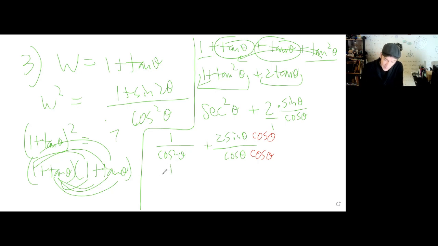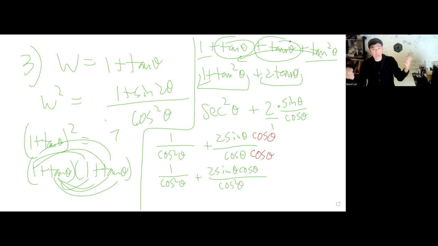I'd have 1 over cosine squared plus 2 sine cosine over cosine squared, because cosine times cosine is cosine squared. I have a common denominator, so combine 2 fractions into 1. This becomes 1 plus 2 sine cosine over cosine squared.